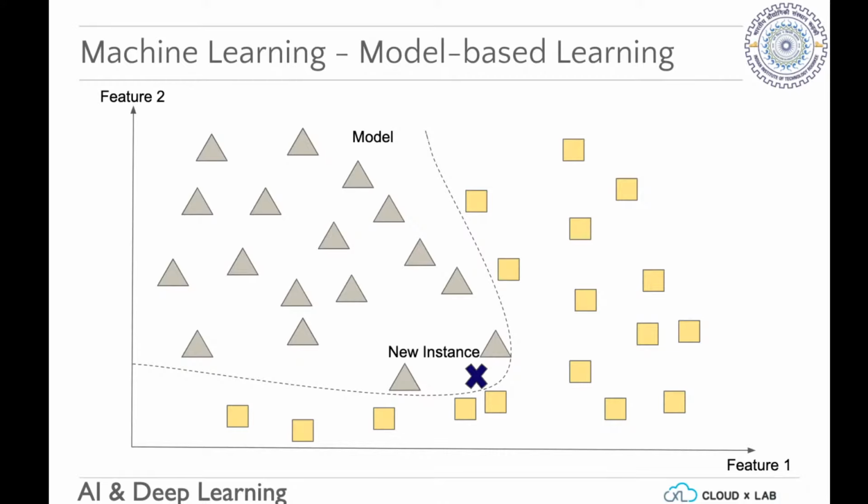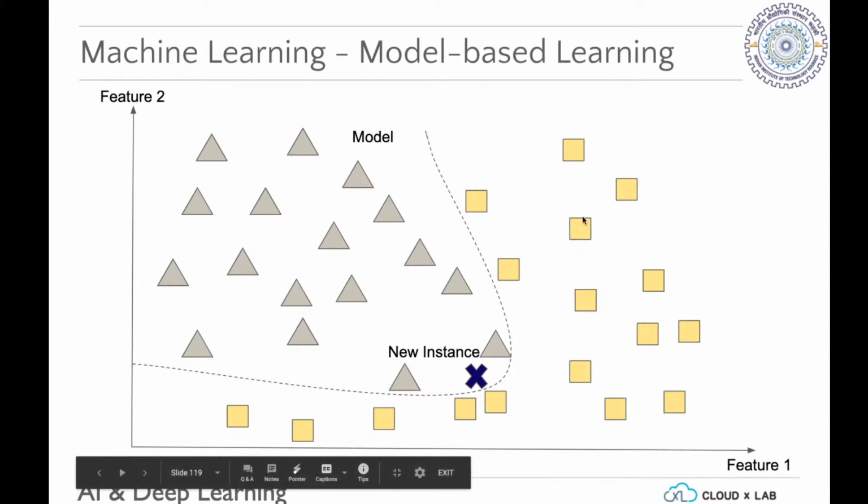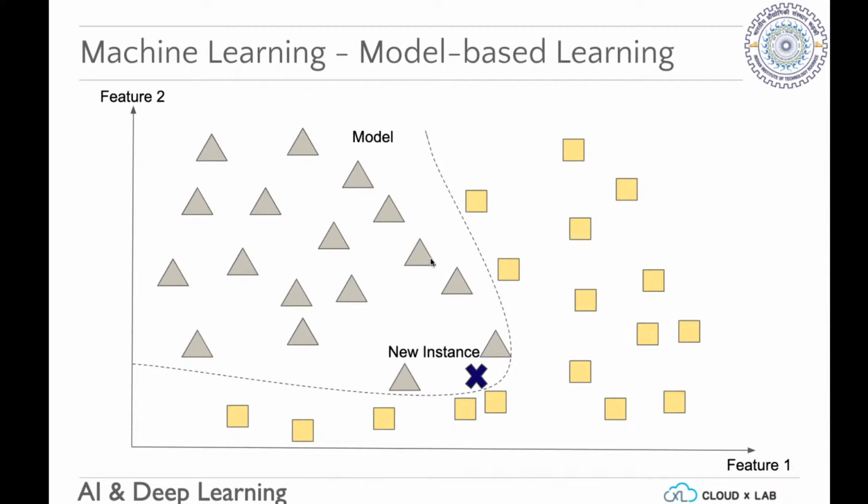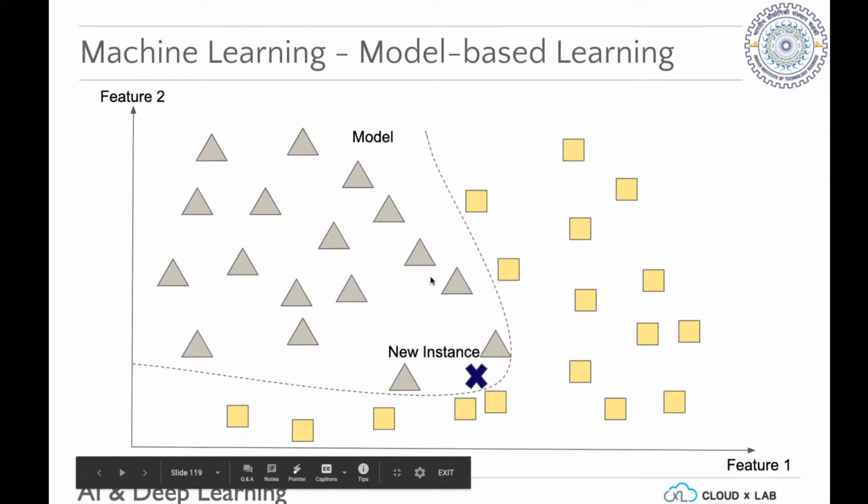Okay. Now the other form of generalization is called model-based learning. In model-based learning, you have these instances of squares and triangles, and you have trained a machine learning model, and the model has looked at the data and figured out a pattern. It has figured out that there is a difference between triangles and squares, and I can draw a line that delineates these two types.